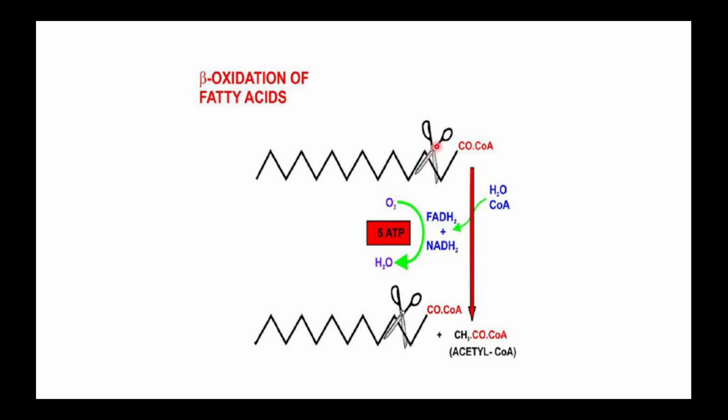If this part is cut, these 2 will be released, and then from 14 we'll have a 12 carbon chain with coenzyme A attached to the final carbon. This was the beta carbon that we had here, which now has the C double bond O and coenzyme A, and this 2 carbon molecule that is released is acetyl coenzyme A.